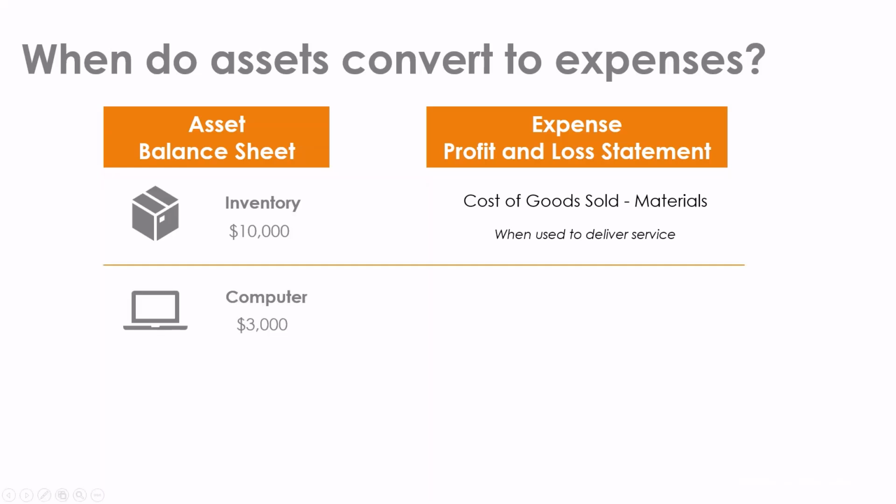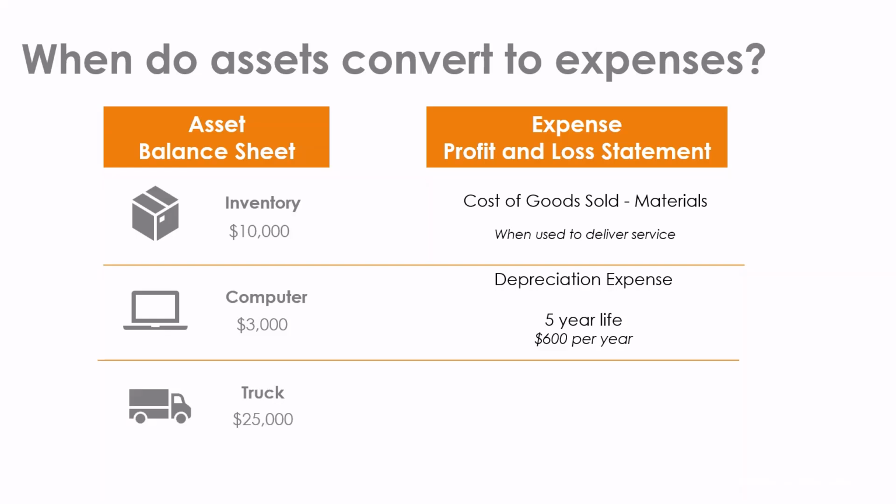And then the equipment. The next example would be your computer. So when you pay $3,000 for a new computer, it shows up on the profit and loss statement through the depreciation expense process. And so computers are considered to have a 5-year lifespan. Every year, your accountant will record depreciation expense, and it's going to be $600 per year over the 5-year period.